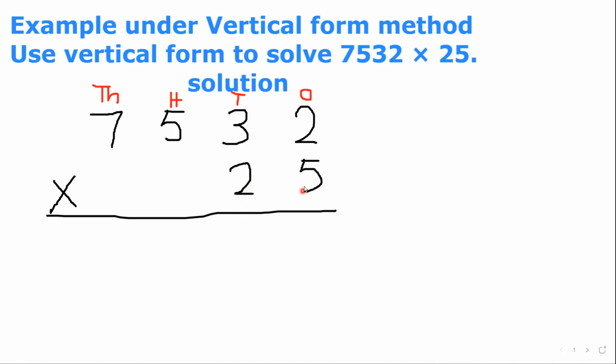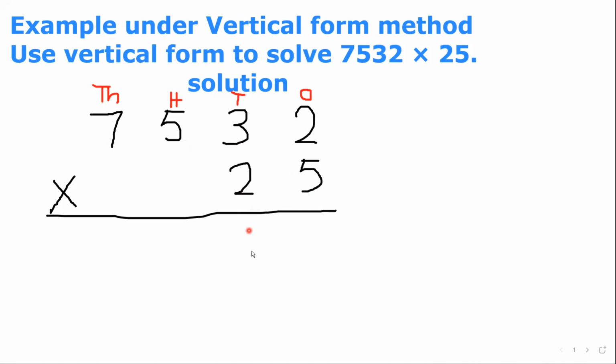So over 5, you multiply these numbers: 5 times 2, 5 times 3, 5 times 5, 5 times 7. After multiplying all these, you start recording your answers under the 5. Then over 2: 2 times 2, 2 times 3, 2 times 5, 2 times 7.